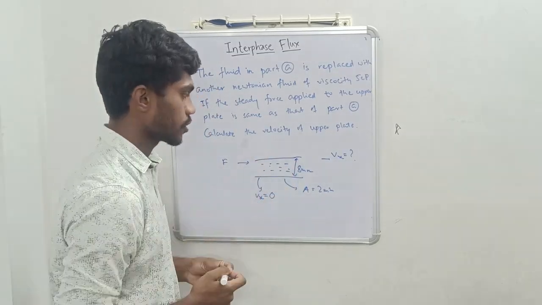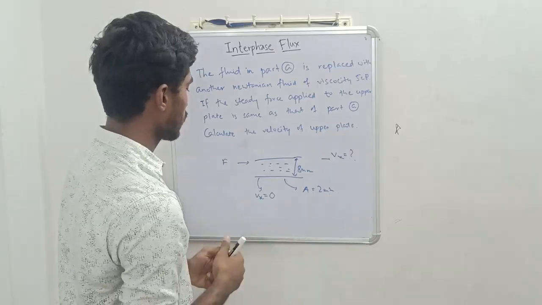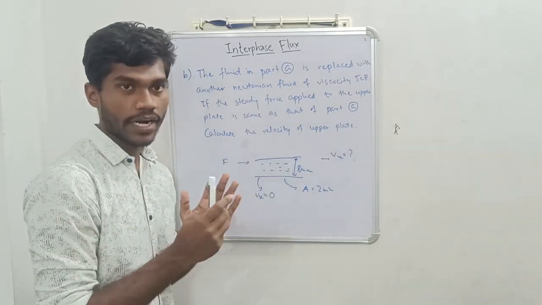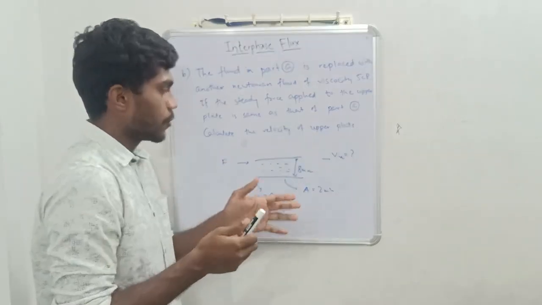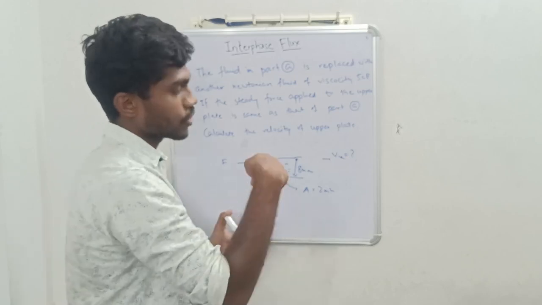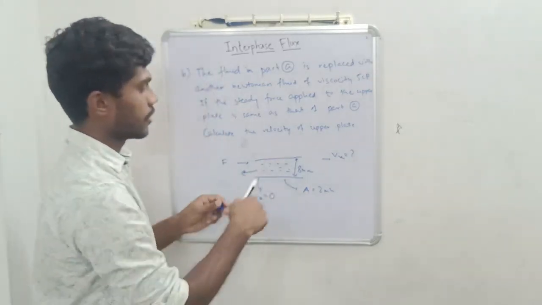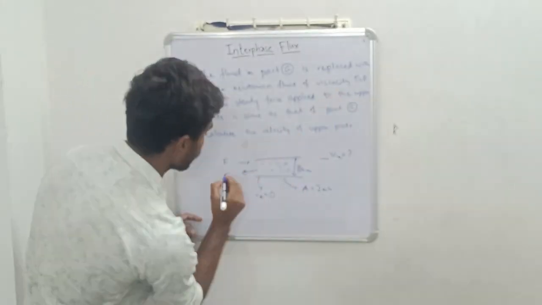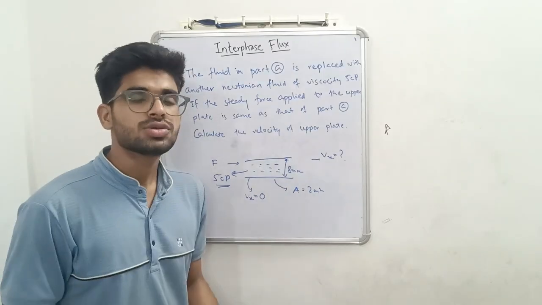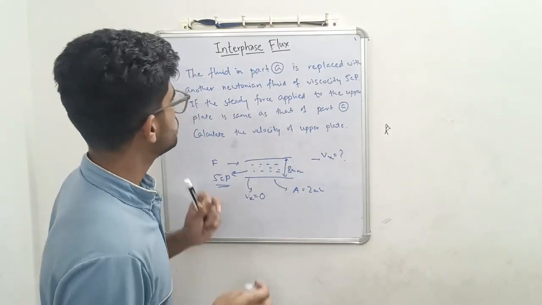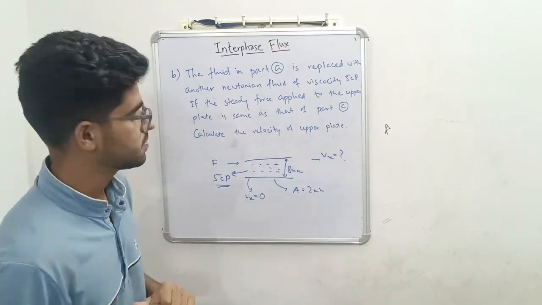We have given force, so we have to calculate Vx. If we are providing a force of 5 Newton, what will be the velocity of the upper plate when this fluid has a viscosity of 5 centipoise? So now we will move on to the solution part of part B.